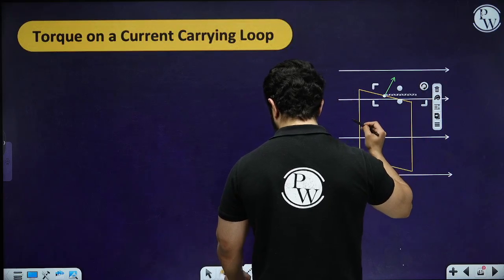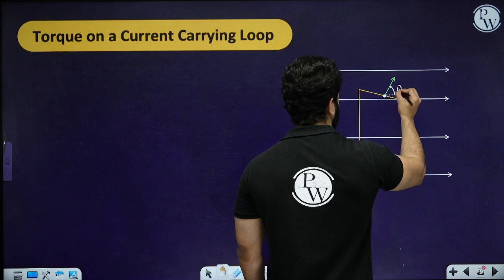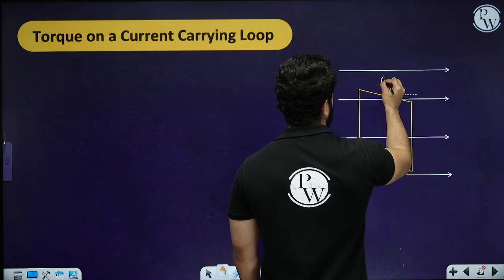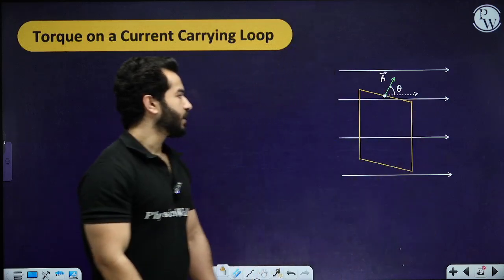This is area vector. This is magnetic field. They are making some angle theta.